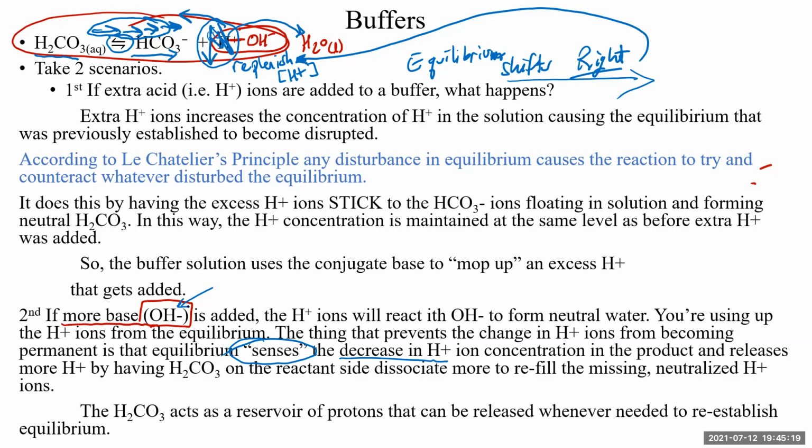So another way to say this is that the carbonic acid is acting as a reservoir of protons. All these hydrogen ions are dammed up, D-A-M, by the way. They're sitting behind a dam, and that dam is ready to release hydrogen ions only as the supply of hydrogen ions diminishes.